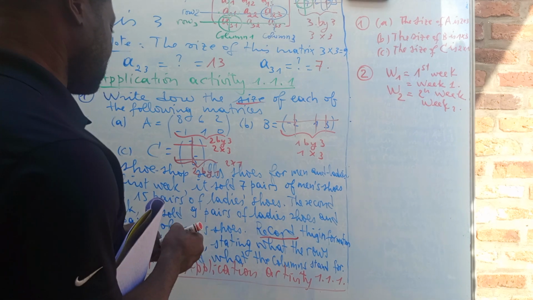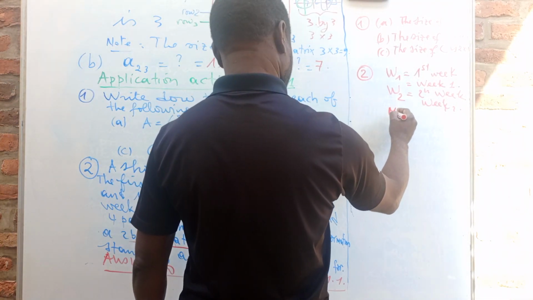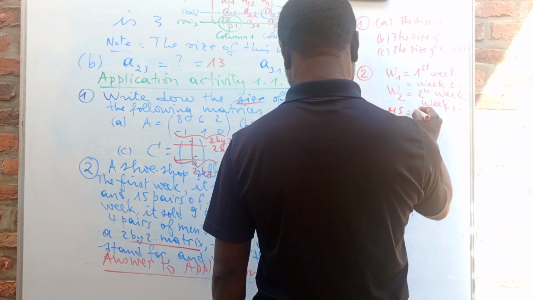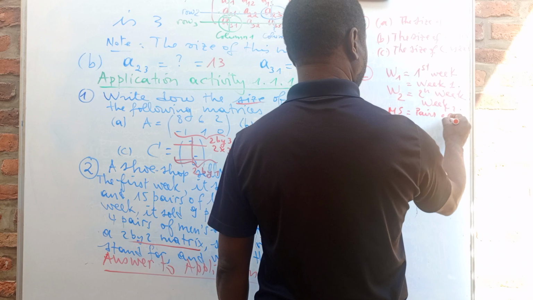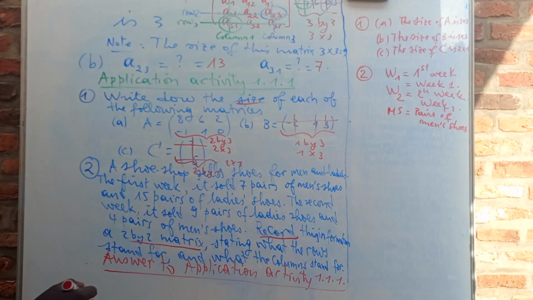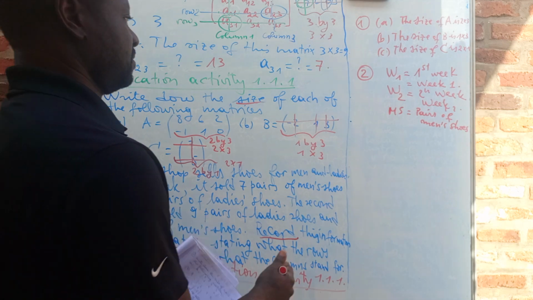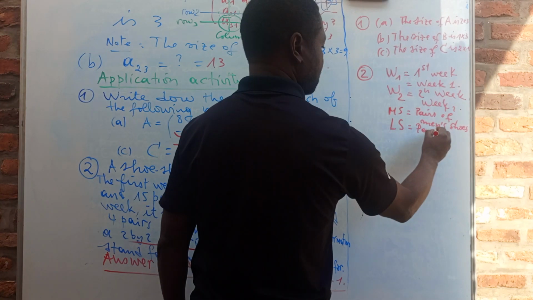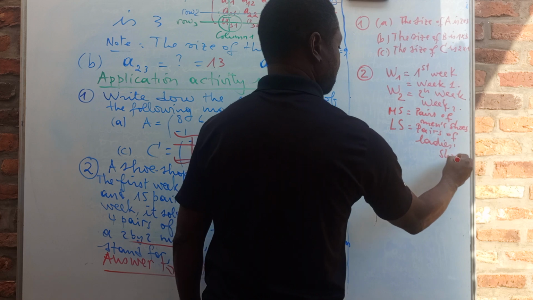Let us call the number of pairs of men's shoes MS, and there are also ladies' shoes, let us call the number of pairs of ladies' shoes AS, for example.